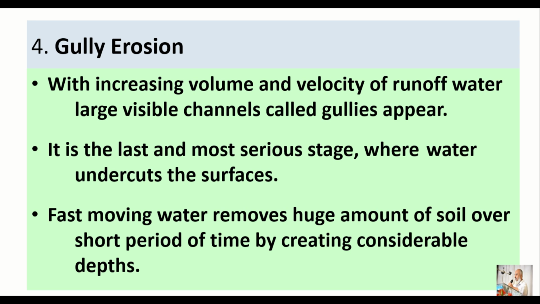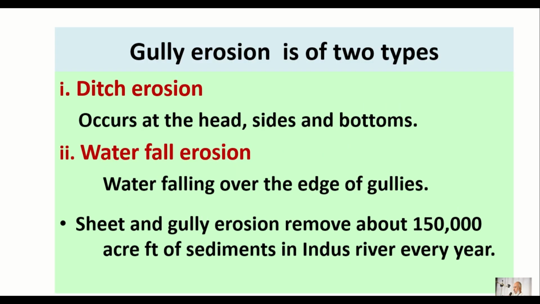So these are gullies. Fast moving water removes a huge amount of soil over a short period of time by creating considerable depth. These depths are called gullies. There are two types of gullies, ditch or waterfall.